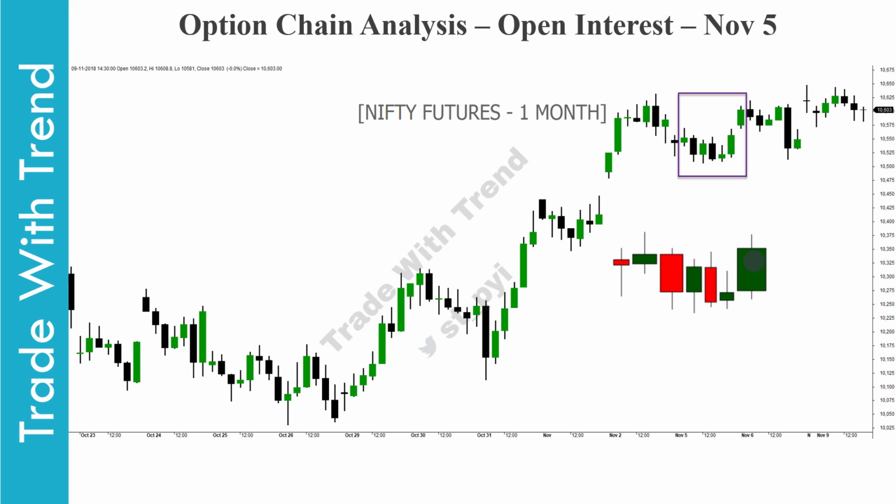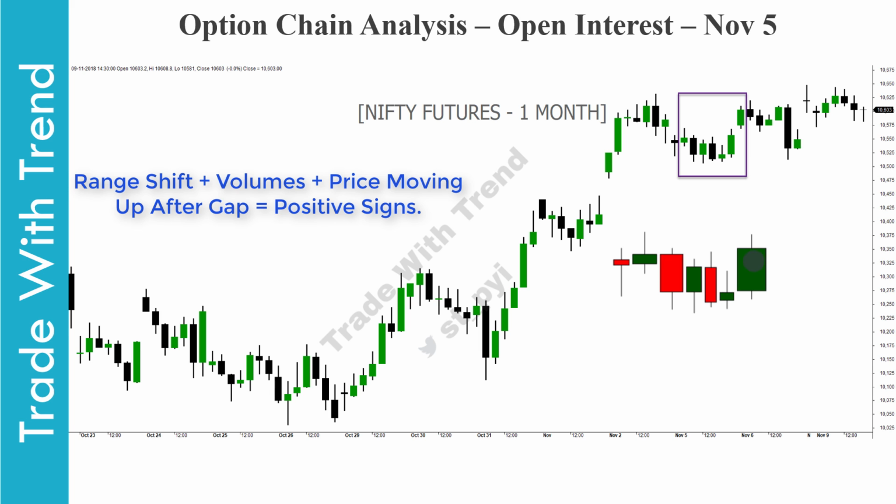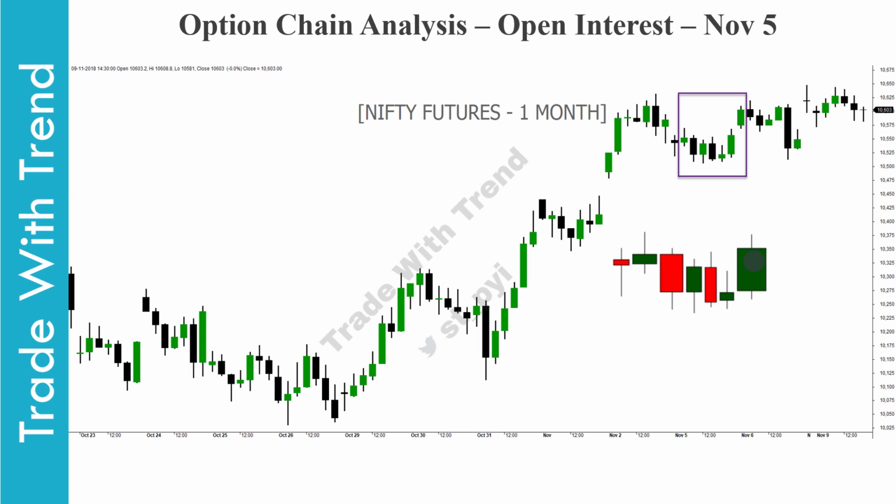It may not have reflected in open interest or price as such, but the fact that price moved up after gapping down, along with the range shift data that you saw on open interest, clubbed together, suggests that the session was in favor of buyers and the underlying trend of the market, which is up, is still prevailing.